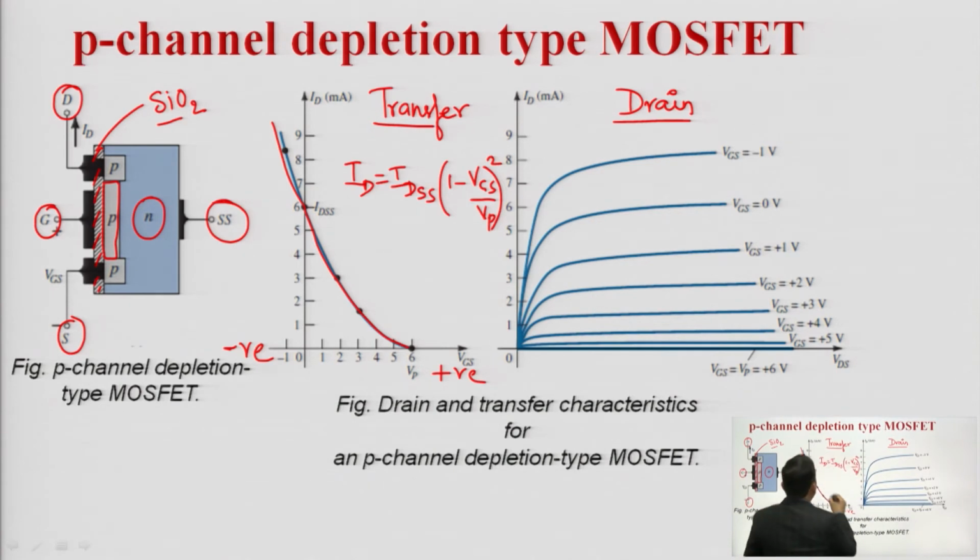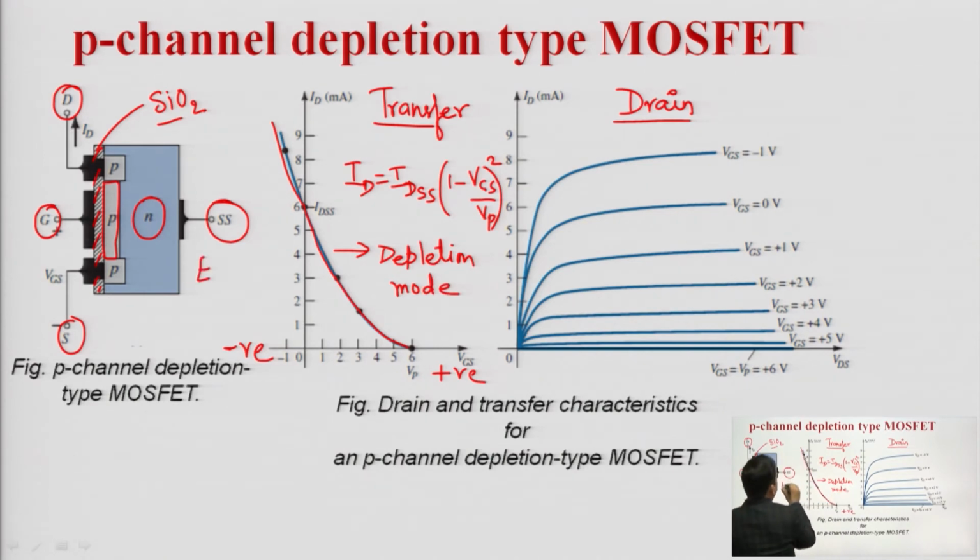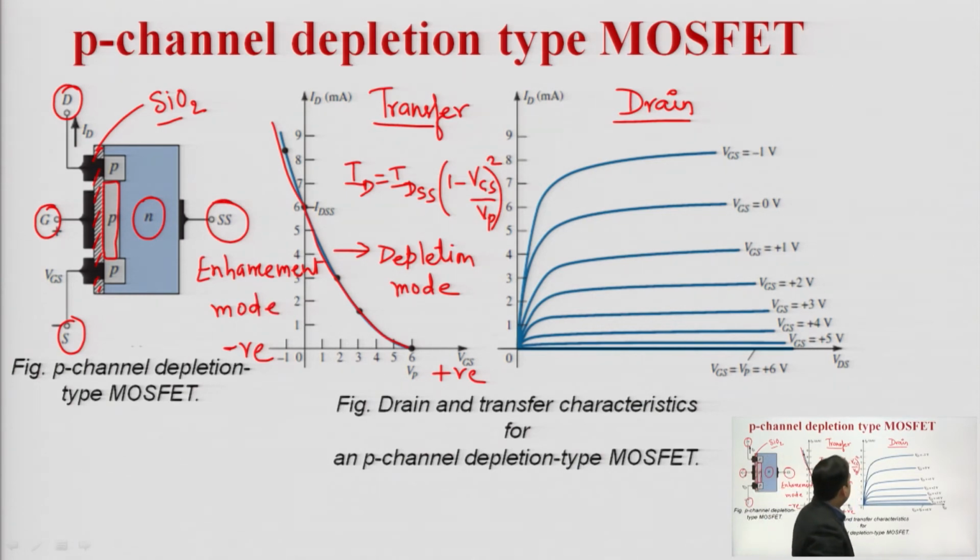So, we can say that this mode is known as the depletion mode, and this side when VGS was negative, this is known as the enhancement mode. When VGS is negative.